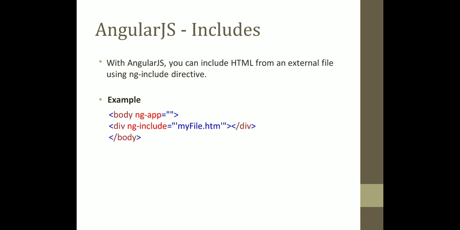For creating server side includes, the syntax is hash include virtual equals navigation.shtm. For the simple directive include, the syntax is as you can see in the example I have given: body ng-app, and the directive we have included is ng-include equal to myfile.html.